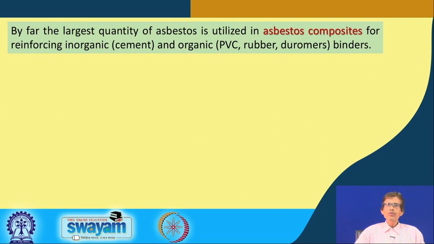So, when we use asbestos as a composite material to get composites, it is known as asbestos composites. So, these asbestos composites are utilized.